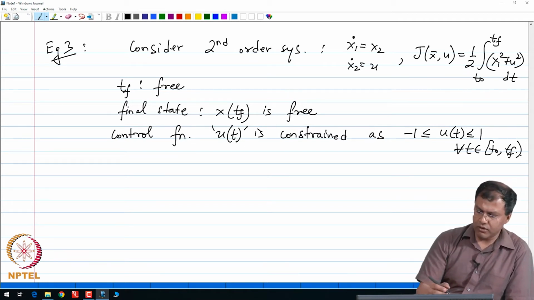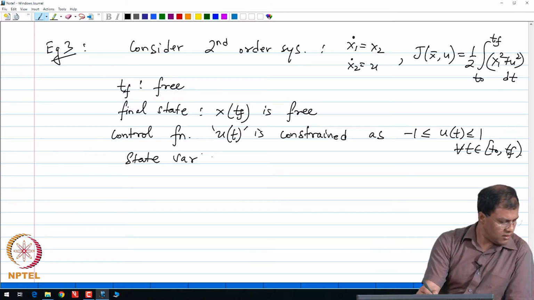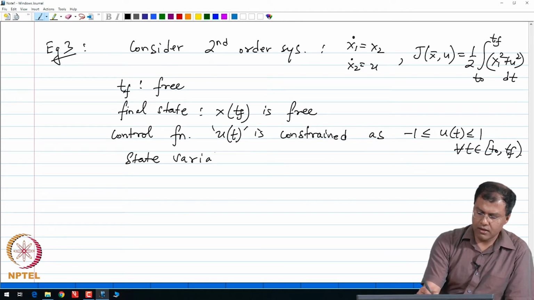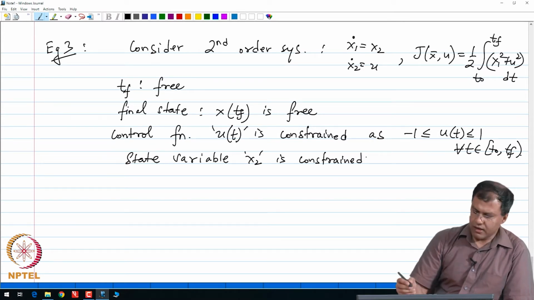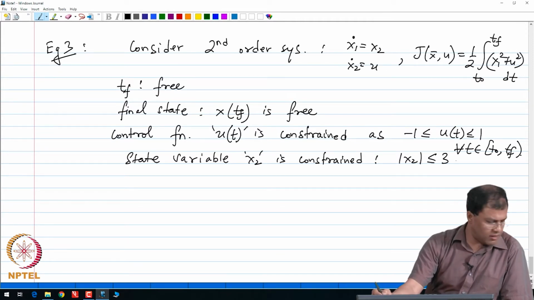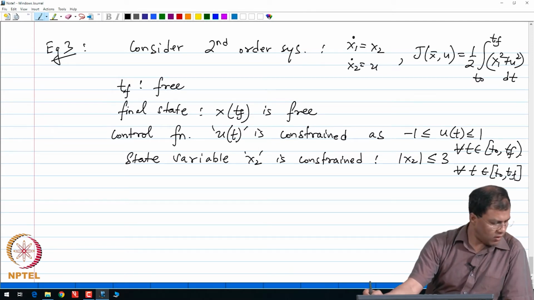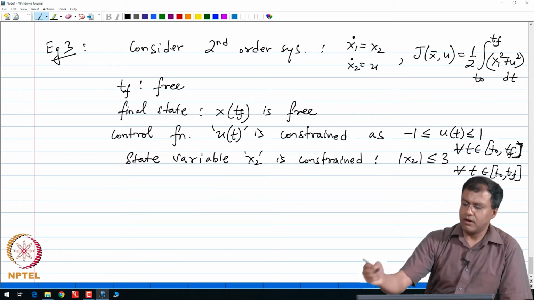And further I am also given that the state variable x 2 is constrained. It is given by the following constraint. So, the absolute value of x 2 is bounded above by 3, right, for all t in our interval under consideration, right. Okay. For all t, this is all under closed interval.